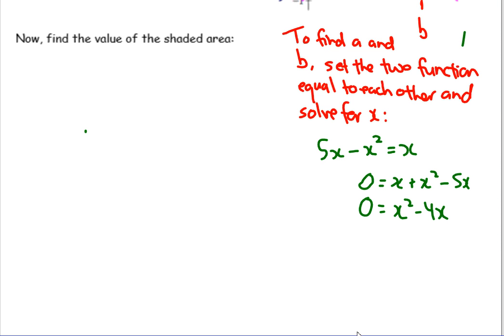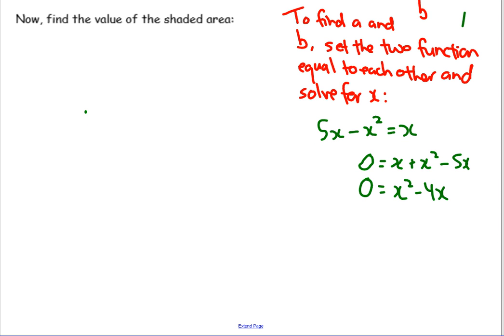I'll just go down so you can see that. The only reason I brought them over to the same side is I noticed it's becoming a quadratic that we can solve. Because notice there's 2 intersection points, so we're going to get a quadratic that we can factorize and solve.